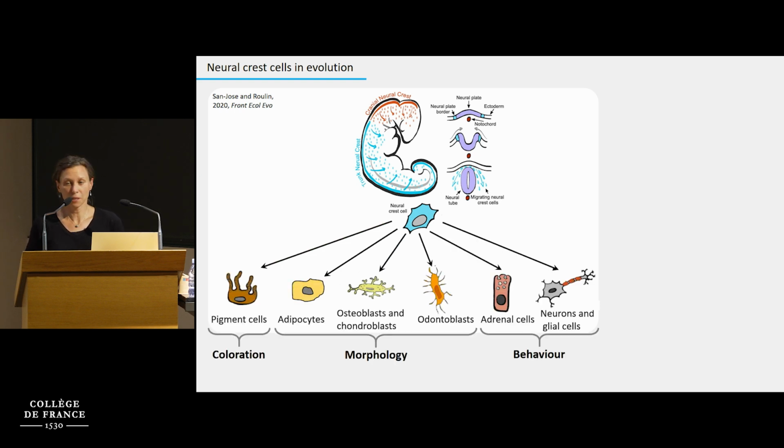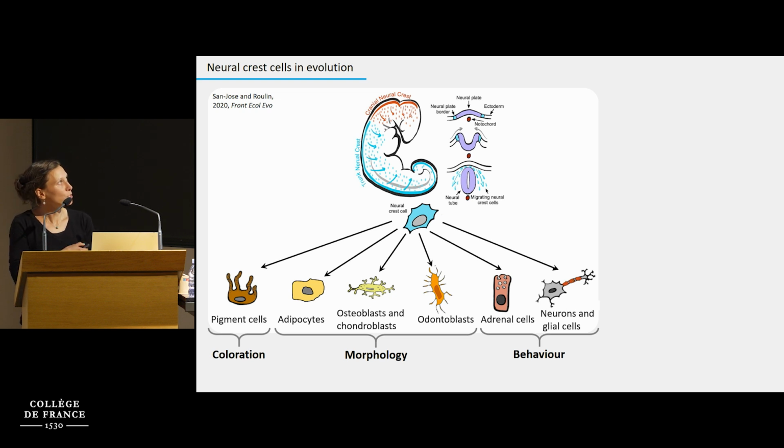These cell types are pigment cells in the skin, the bone and cartilage forming cells in the skull, and adrenal gland cells and neural cells of the peripheral nervous system. So these cell types have clearly something to do with the coloration, morphology, and behavior that our lizards differ so strongly in.